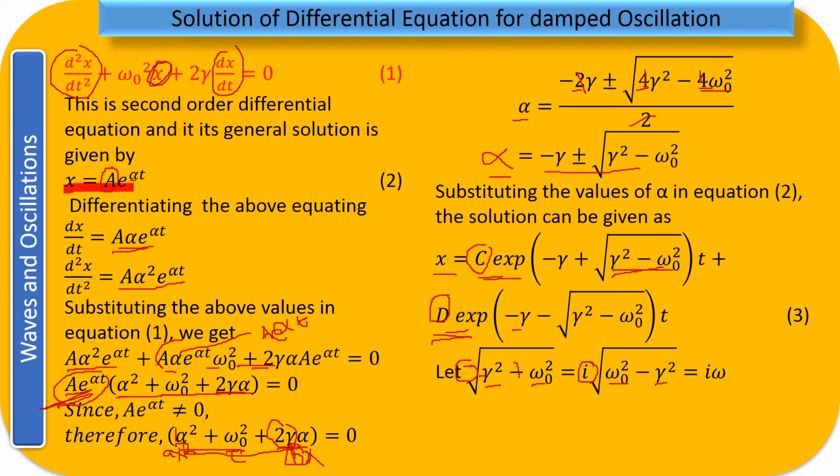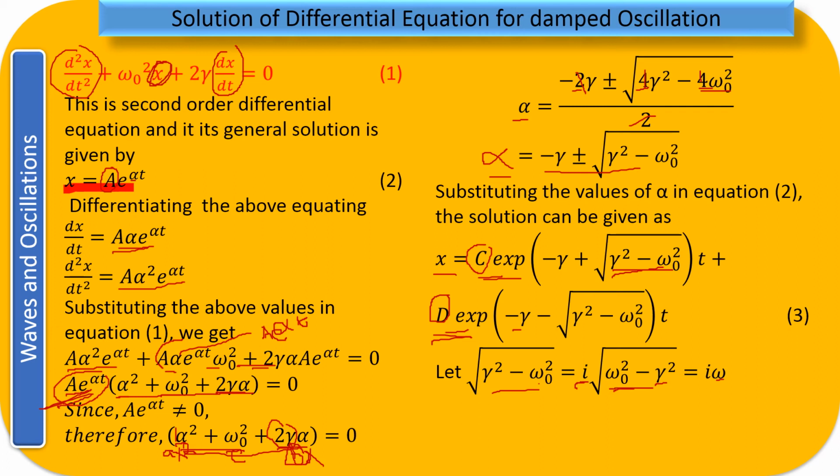So what I have taken over here, let me delete this so that you can see it again. Gamma square minus omega naught square is equal to I under root omega naught square minus gamma square. If you reverse the sign, that is minus to plus and plus to minus, then you have to multiply by I square, since it is under root. So I square comes out of the under root as I, and this value, omega naught square minus gamma square, is equal to omega.